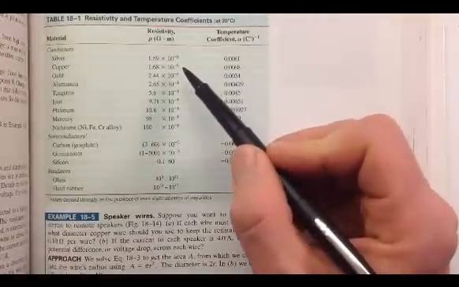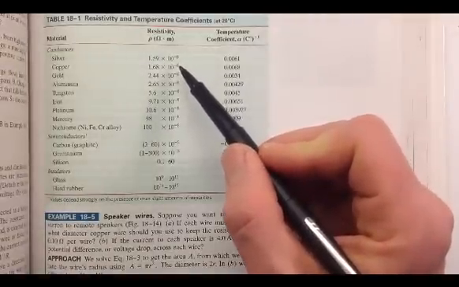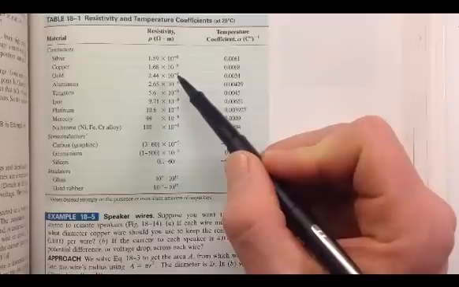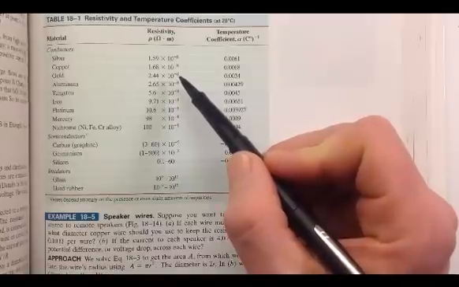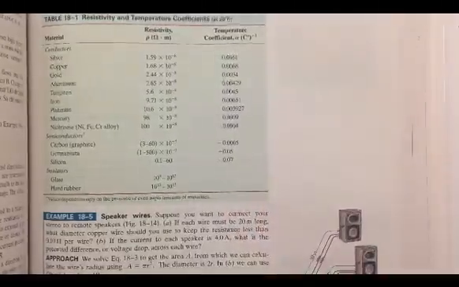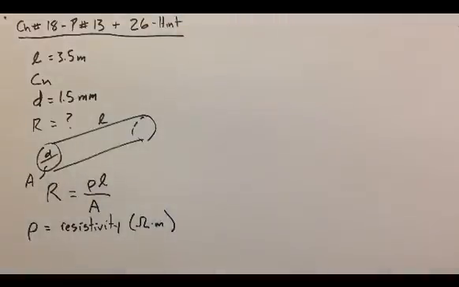Something I always thought was interesting here, copper has a lower resistivity than gold. But yet, every once in a while in a speaker store or something, you'll see people selling gold-plated speaker wire or something, which actually would increase the resistance of the wire.